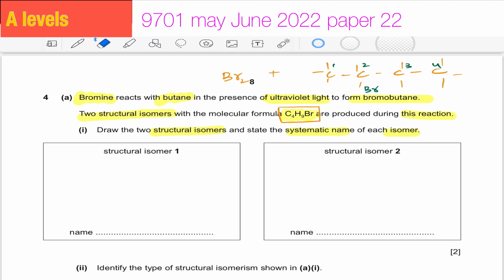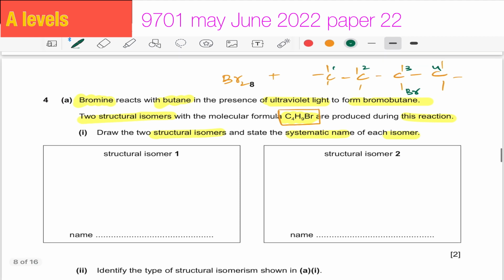But if we replace hydrogen from the third carbon atom, and we get a Br on this carbon atom, then it would not be 3-bromobutane, because according to the naming rules, naming will start from the right hand side, because we have to name the structure from where the carbon containing halogen gets the smallest number, right?